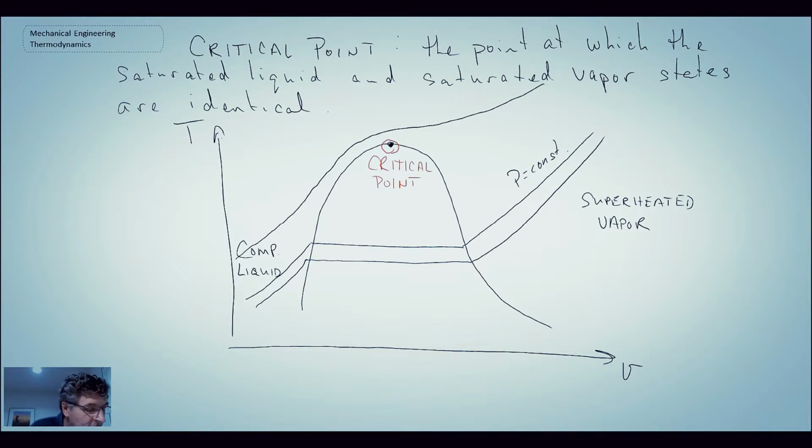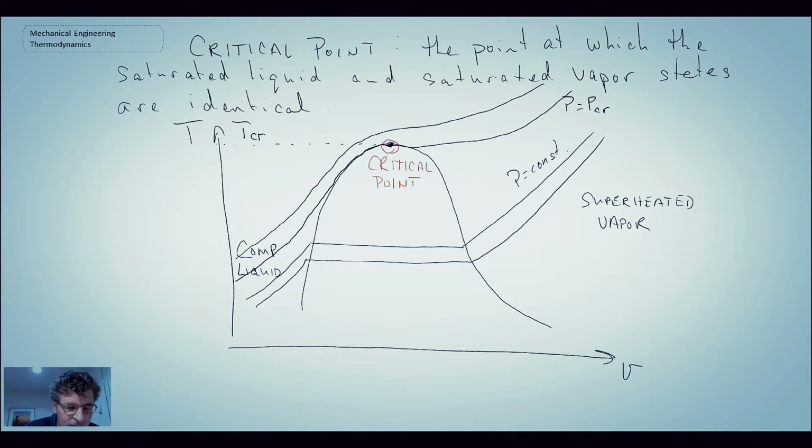At the critical point itself, we have a temperature that we denote T_CR, and the constant pressure line that denotes the critical point is at pressure P equals P critical, with subscript CR.